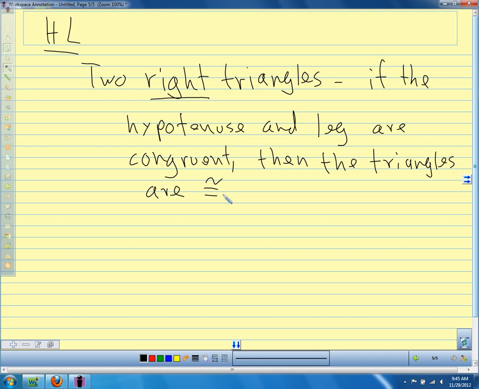And remember, on a right triangle, the hypotenuse is always the longest side. And either of the other sides we call legs. The other sides are legs.